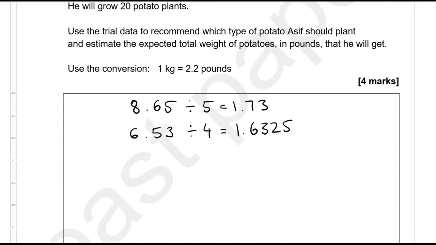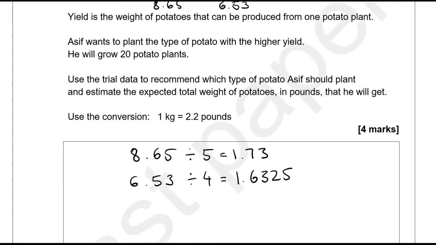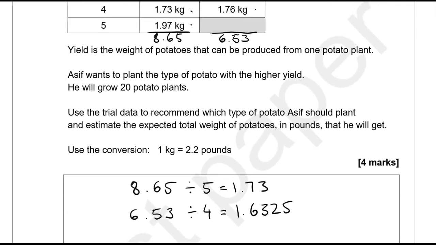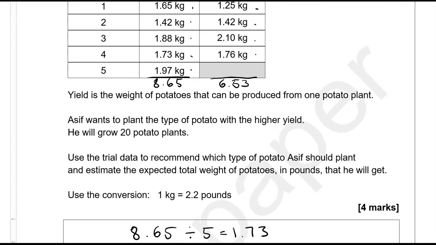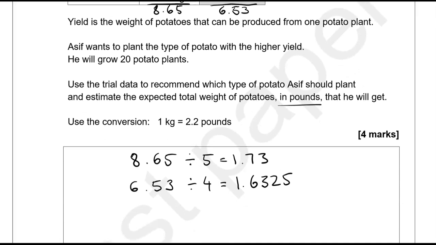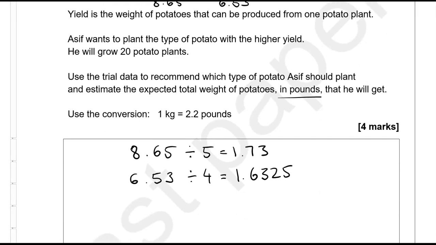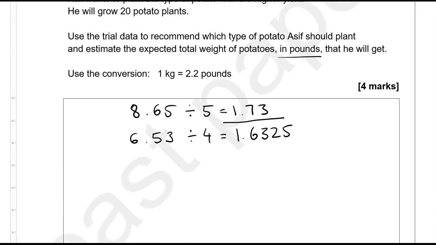And we've got to now calculate what the weight is in pounds. So 1 kilogram is equal to about 2.2 pounds, and we have 1.73 kilograms.